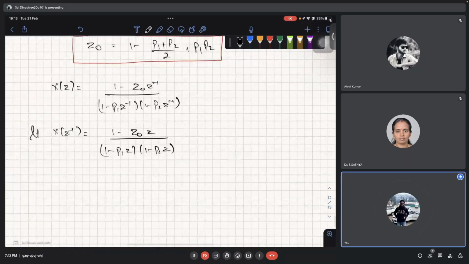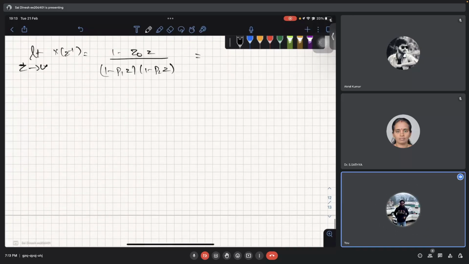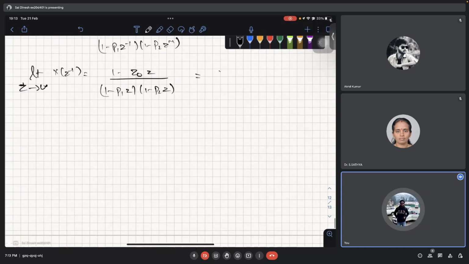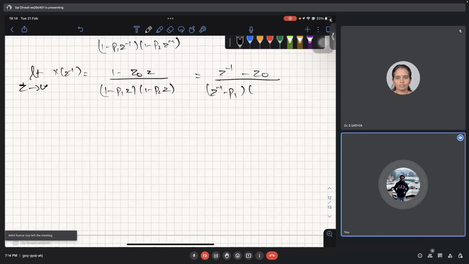Now the limit for z tends to 0. If we multiply by z inverse, what will we get? Z inverse minus z0, z inverse minus p1. Sorry, we need to multiply with z to the power minus 2.